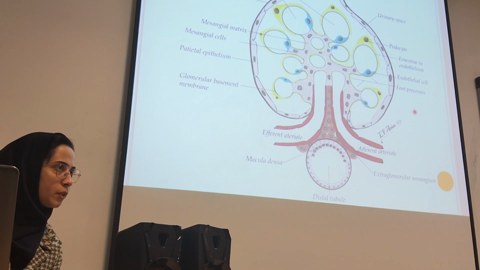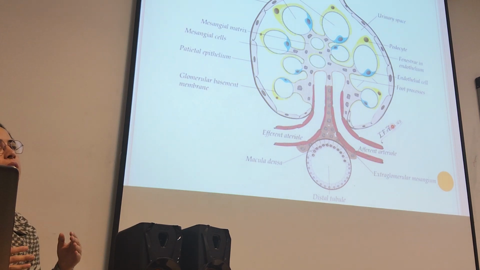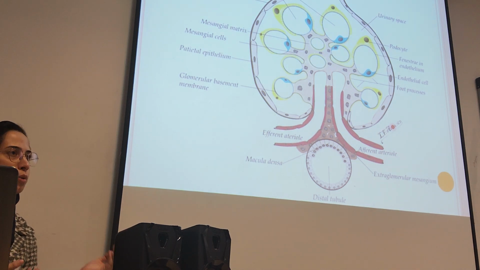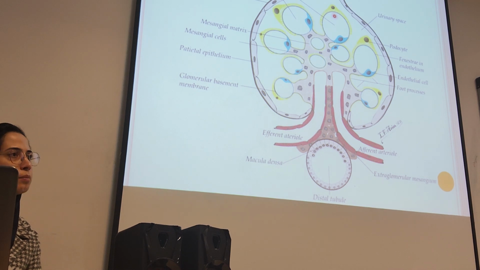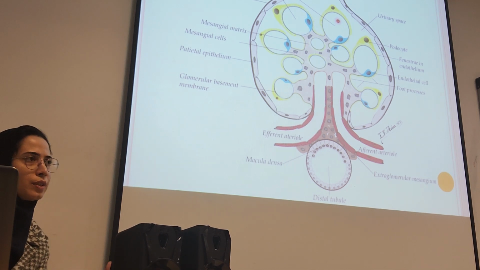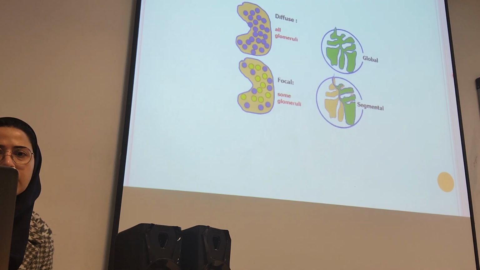So in lupus you may see deposition of immune complexes in different parts of the glomerulus. For example, in mesangium, beneath these podocytes, or beneath the basement membrane of the capillaries, and these places. For example, here.